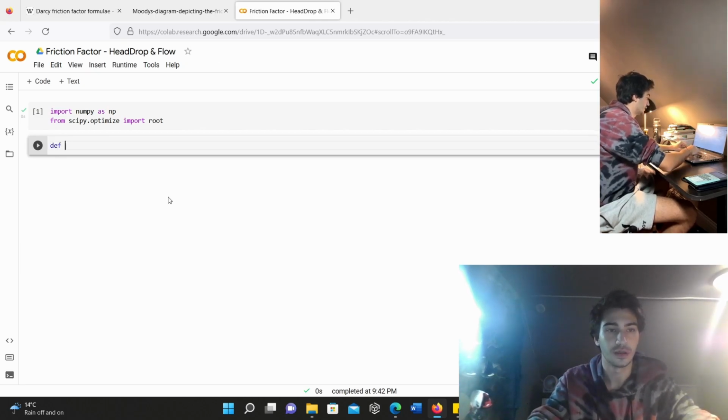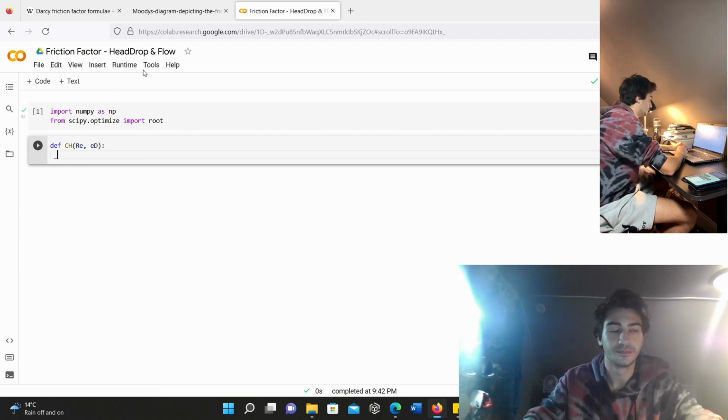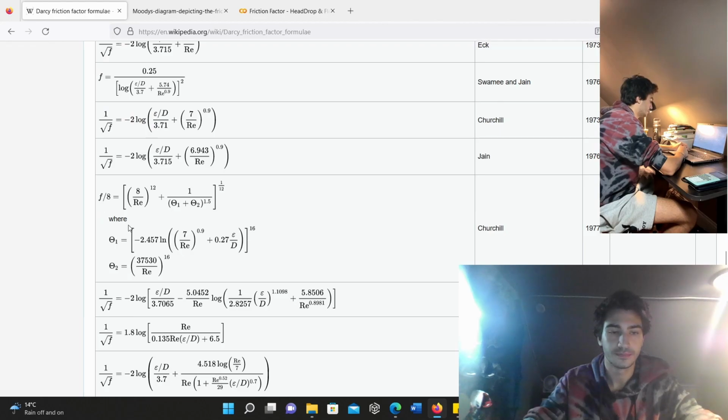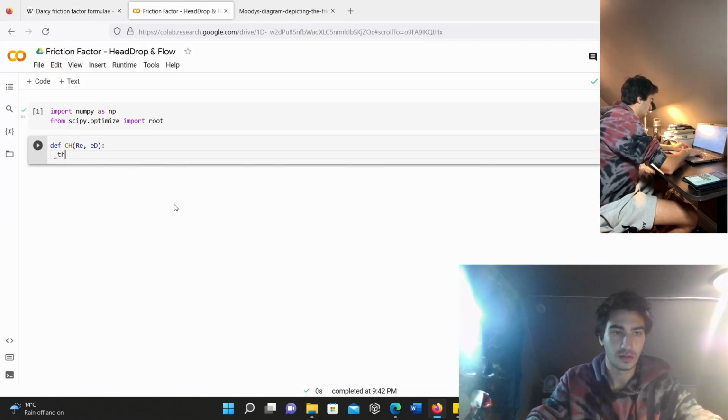So I'm going to define Churchill, and what we're going to be putting in is the Reynolds number and the relative roughness. And then we're going to be plugging in these two equations, theta 1 and theta 2, and then returning our value. So I'm going to go ahead and plug that in. Theta 1.